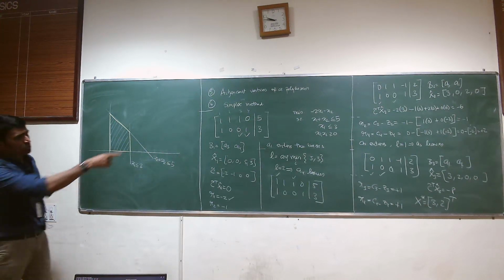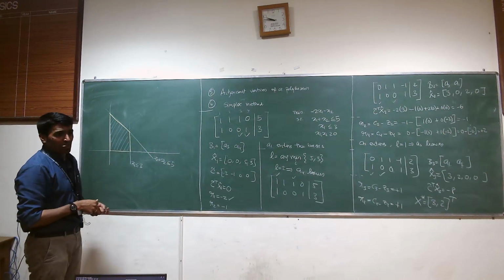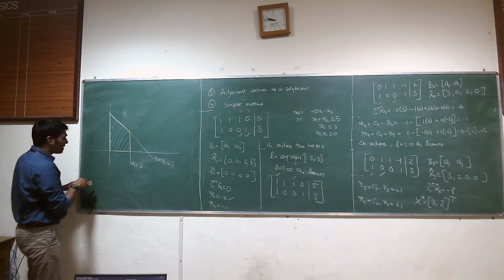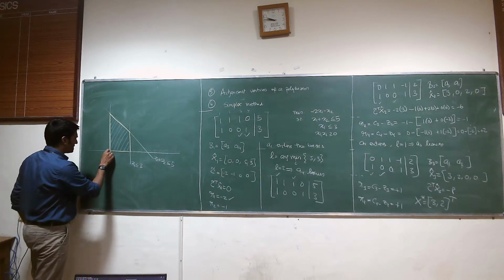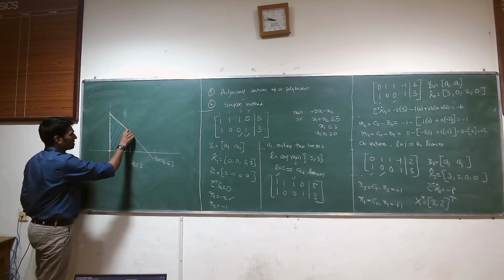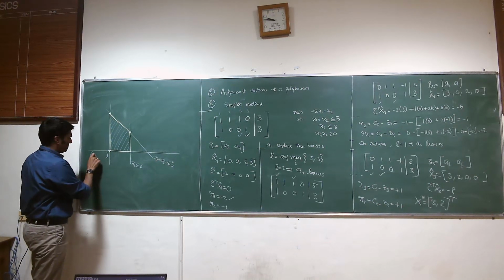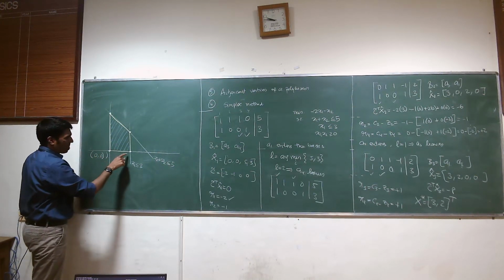And what about the contours of C transpose X? What do those look like? What are the vertices though? Let's write down the vertices. This is easy. What about this?